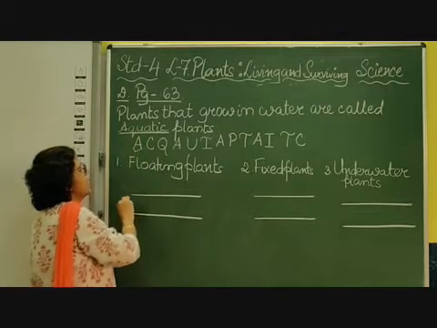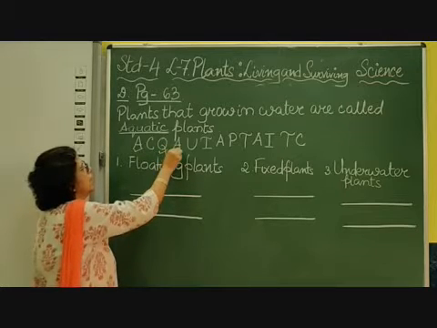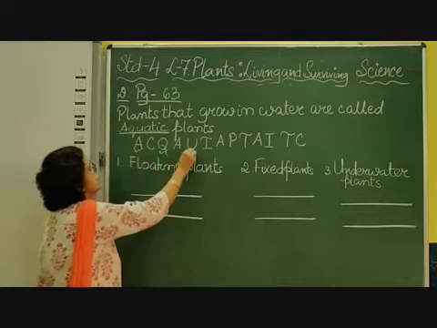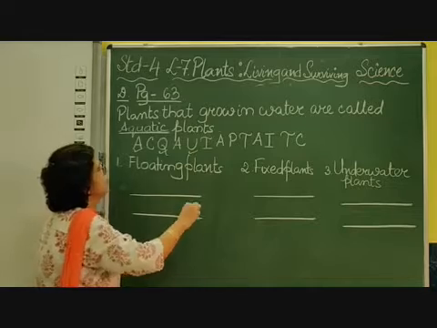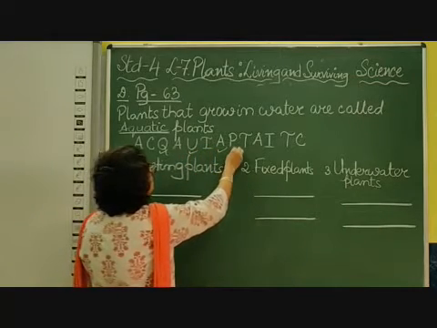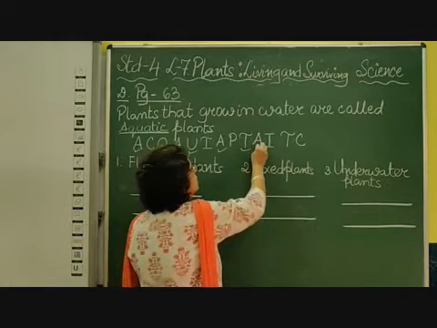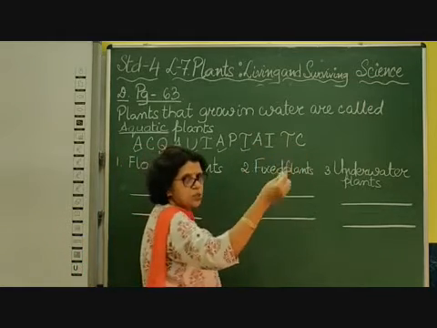We take first A, then we leave the C, and then we take Q, then again we leave the next letter, then we take U, then we leave another letter and then take A, then we leave this, then we take this, and then again leave this letter. Now alternative letters we have to take.